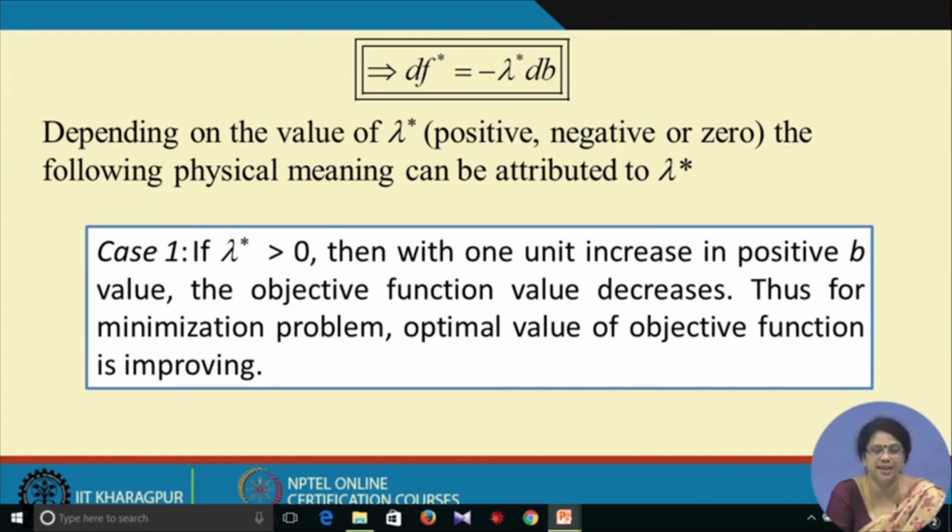What else can you say? I am increasing b, which means I am relaxing the constraint. Then in that case we are getting a better minimum value of the optimization problem. What does it mean? It means that lambda gives me the gain in the minimization problem.